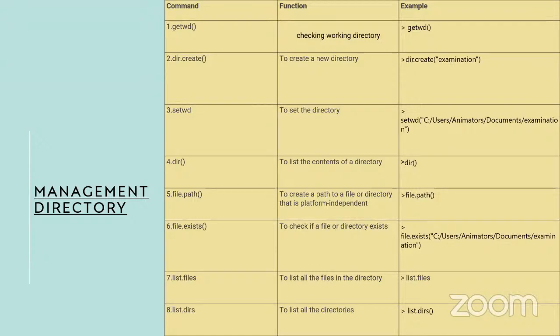First one, checking working directory, that is getwd, then brackets. dir.create, that is the new directory. setwd, that is to set the directory. dir brackets to list the contents of a directory. file.path, to create a path to a file or directory that is platform independent.